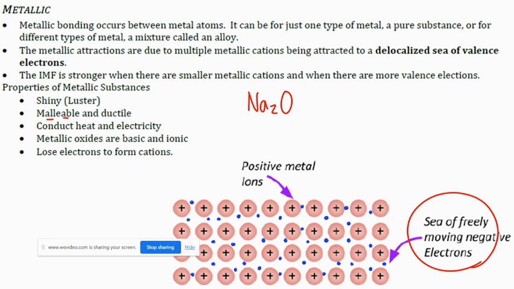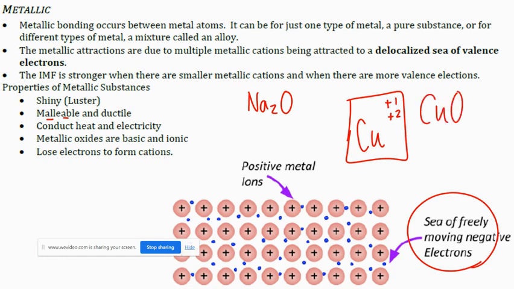So all metals tend to lose electrons. And that's why last year I gave you a periodic table and it had the pluses on it for different things. You don't have to know, for example, that copper is a +1 or a +2. But you need to be able to look at a substance like this and tell that copper here in this state has what oxidation number? +2. It's a +2, because if this is a -2, which it is all day long, except when it's in a peroxide, we'll get into that one later too, because we always have exceptions.